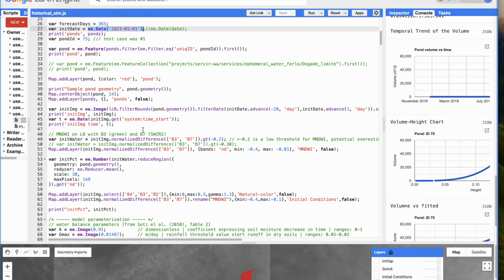So for the surface area, it uses the Landsat 8 imagery. The idea is that we generate an MNDWI, modified normalized difference water index, with Landsat 8 using band 3, which is green, and band 7, SWIR2.